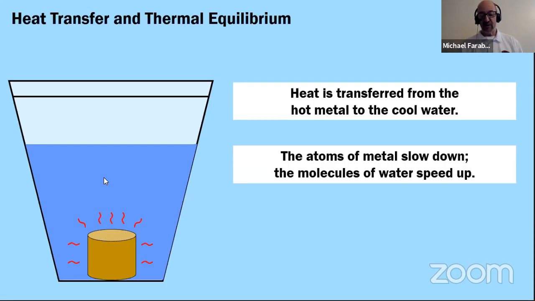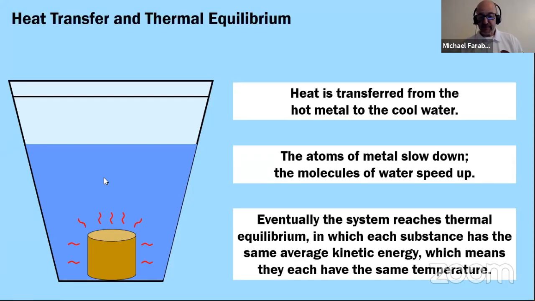The atoms of metal are slowing down, the molecules of water are speeding up, and eventually thermal equilibrium is reached, in which each substance has the same average kinetic energy, which means they have the same temperature. So when heat is transferred from a warmer object to a cooler object, that transfer will continue until thermal equilibrium is reached.